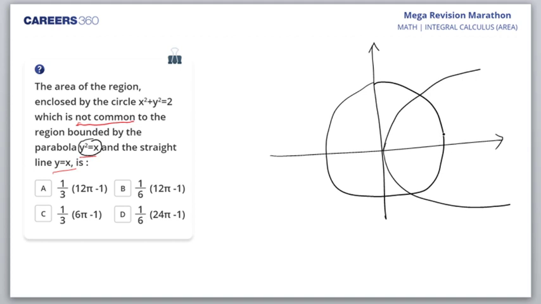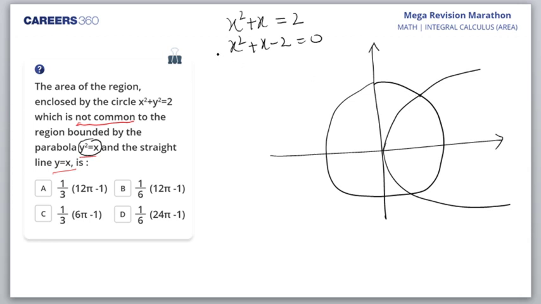And now, before I make the line y is equal to x, I would like to find out this point. Now y square is equal to x. If I substitute it here, x square plus x is equal to 2. So I get x square plus x minus 2 is equal to 0. Because I want to find out where the line y is equal to x passes through, where it intersects the parabola, where it intersects the circle.